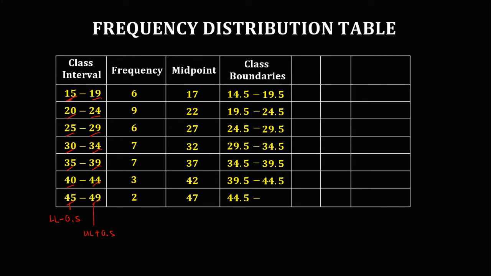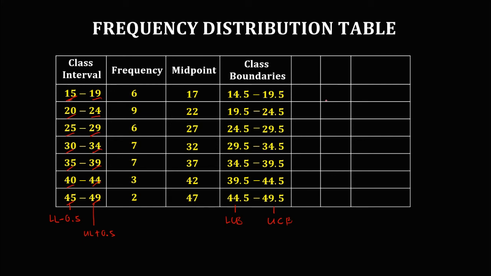And for 49, that's 49.5. So this is the lower class boundary and this one is the upper class boundary. These are the class boundaries.